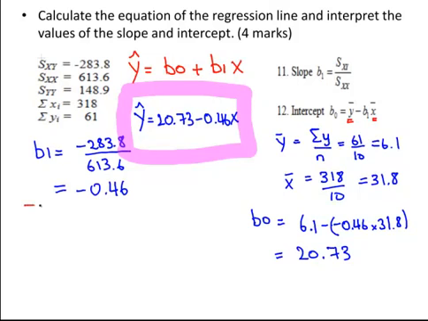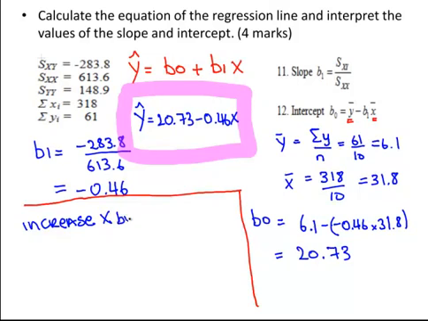Now, we're asked to interpret the values quickly. Let's interpret the slope first. If we increase X by 1 unit, this means we cause a decrease in the number of days missed.